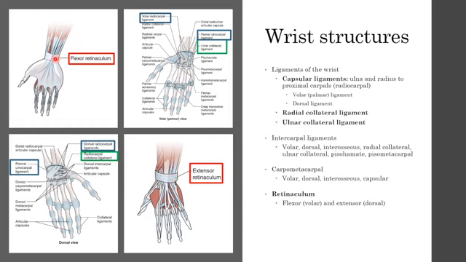So on the anterior side, this transverse carpal ligament will be referred to as the flexor retinaculum, and on the posterior side, it will be referred to as the extensor retinaculum. This is a very important structure in which all of the muscles that act to move the wrist will pass underneath these structures at its various locations.